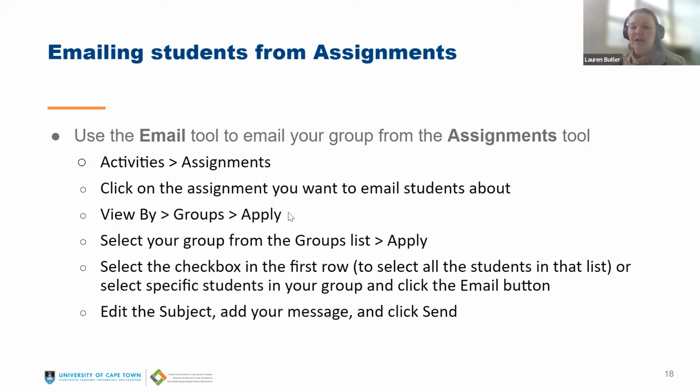And then same as in the previous class list tool, you can view according to the groups only, then you apply that view, and then you can select the group that you want to view and apply, and then also select the checkbox either in the first row to select all of the students or select specific students, and then you click the email button to email them.